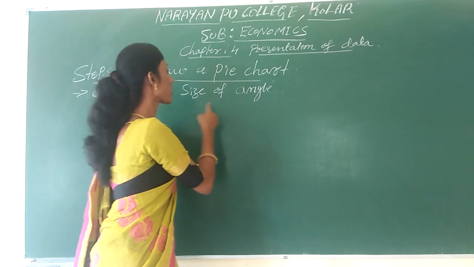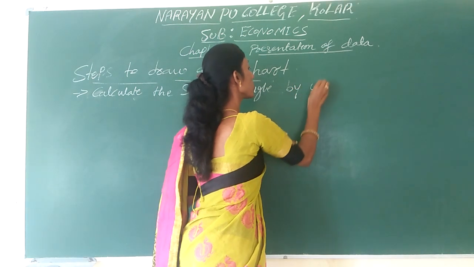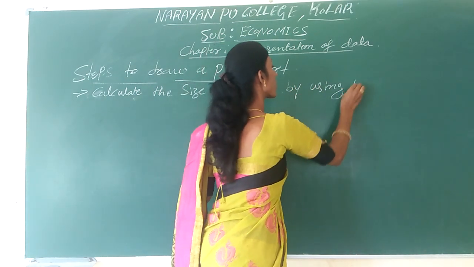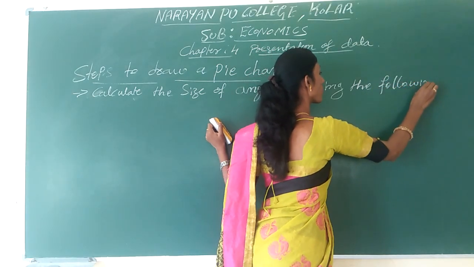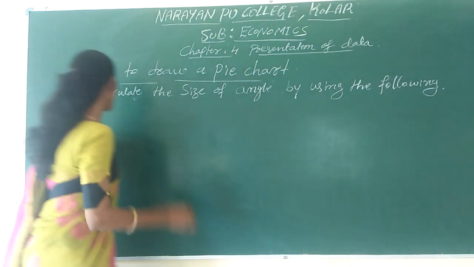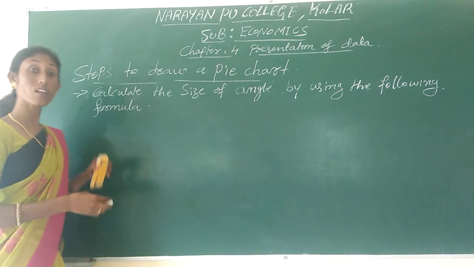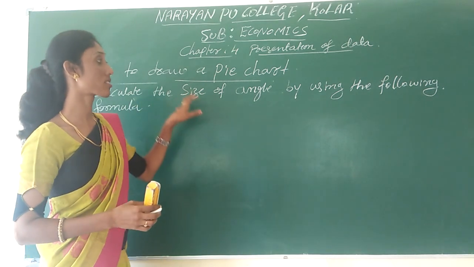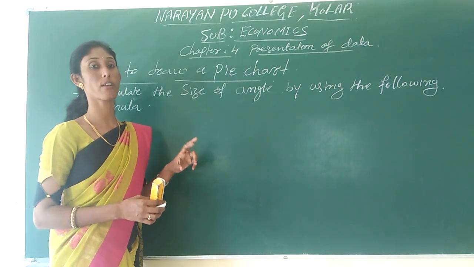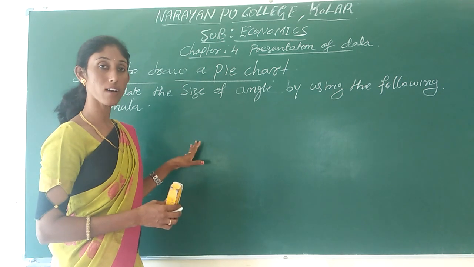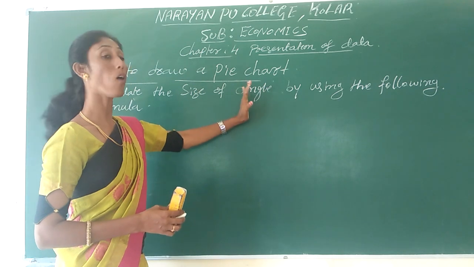We need to calculate the size of the angle by using the following formula. In order to convert the data into angle size, we have one formula. By using that formula, we calculate the size of the angle or component.